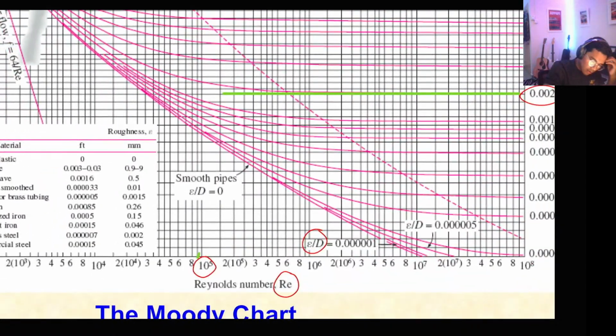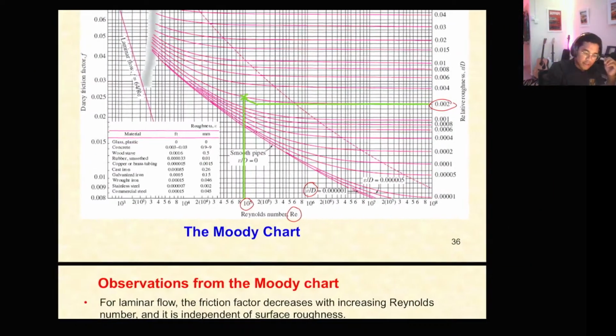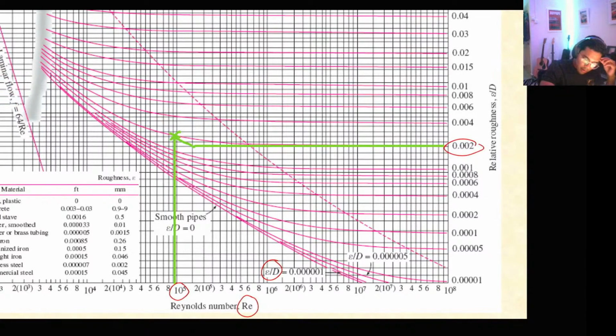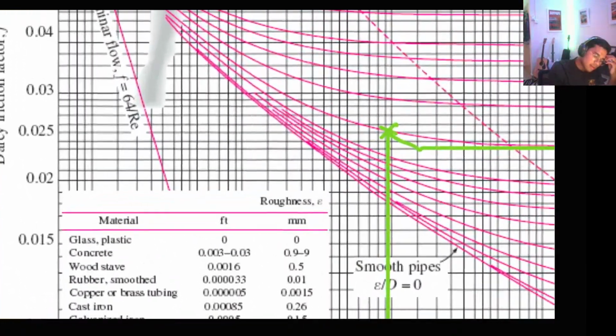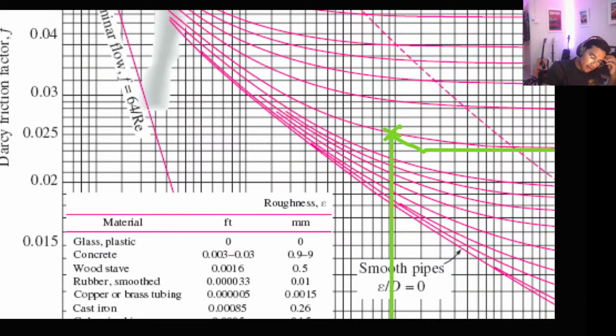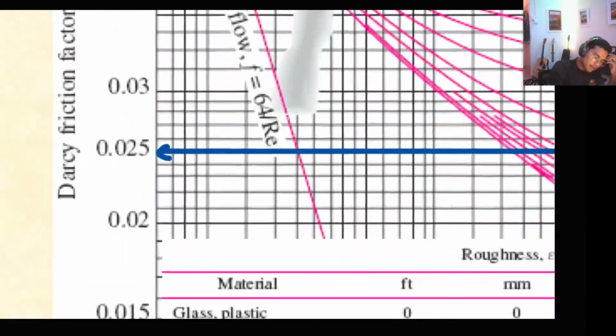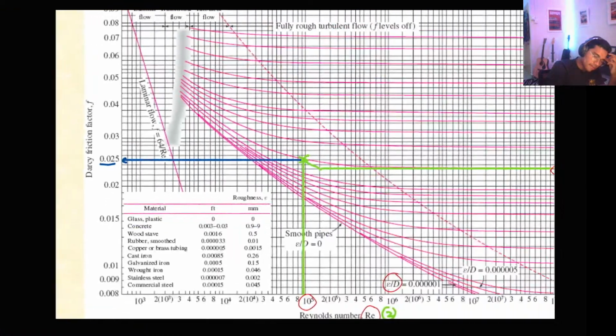So we see where it intersects. Okay. So it intersects there. So firstly, find the relative roughness. Secondly, find the Reynolds number, and then see where it intersects, and then you can plot it and find the friction factor, which is 0.025.